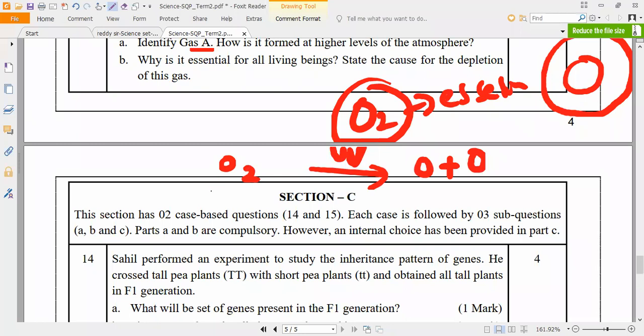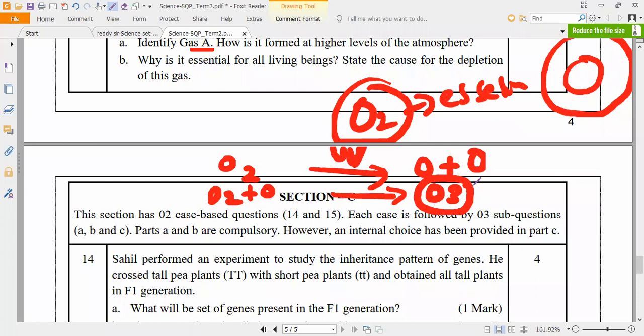Then these oxygen atoms, yesterday only I taught you. Do you remember, Arvind? Day before yesterday? O2 plus O will combine and form O3. So that is ozone formation. Ultraviolet rays split the oxygen molecule O2 into two free atoms of oxygen, and these oxygen atoms then combine with molecular oxygen to form ozone.